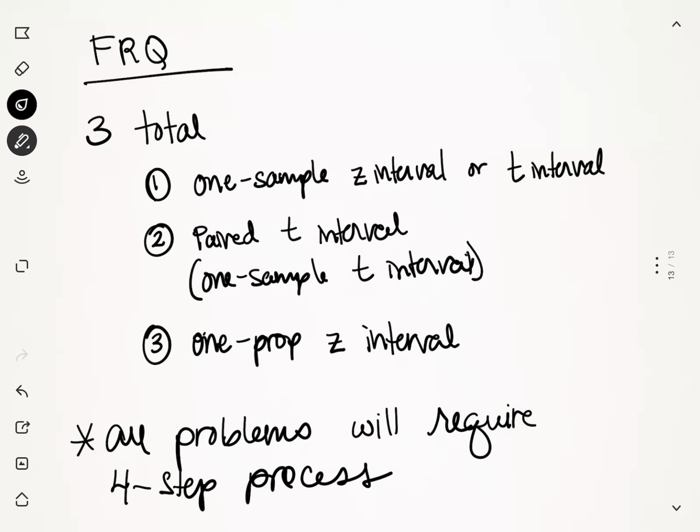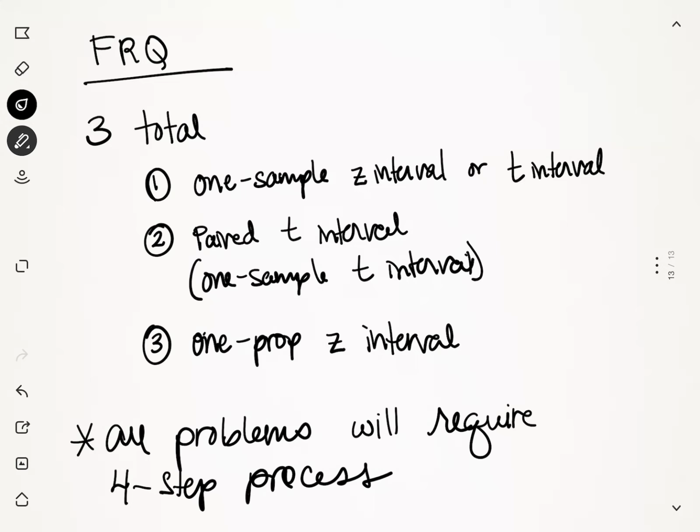So state the name of the interval by its proper name or write its proper formula. And then make sure that you have all of the values of your statistics there. And then compute the interval correctly. And then step 4 is to correctly interpret the interval.